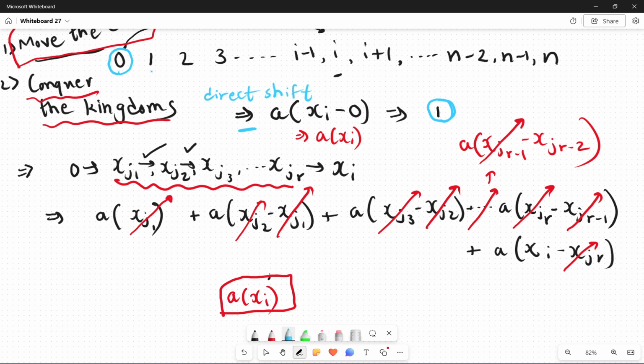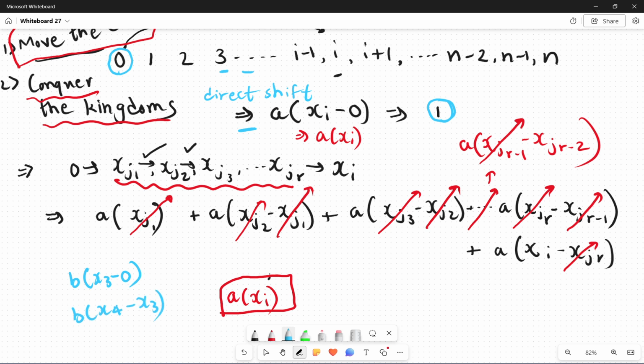Okay, so when you wanted to conquer 3, you conquered from 1, 2, and you come to conquer 3. So basically in the first case you will need b into x3 minus 0, right? And to conquer 4 you need b into x4 minus x3.